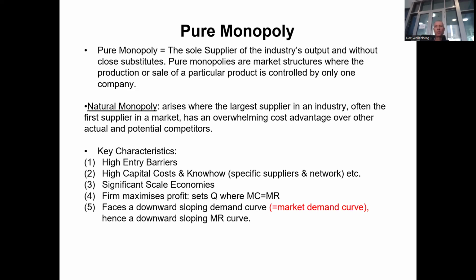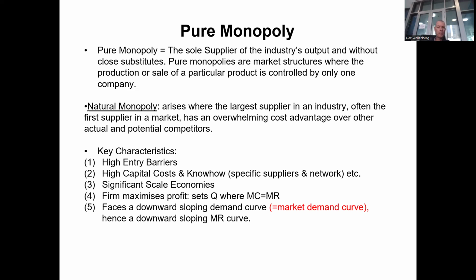Often monopolies are also a natural result of their cost structures and of the nature of the industry. These are called natural monopolies. It has to do essentially with cost advantages and scale economies that you can only achieve when you are large. It doesn't make sense for small companies to provide smaller outputs when the startup costs are really high. So natural monopolies tend to form as a result.